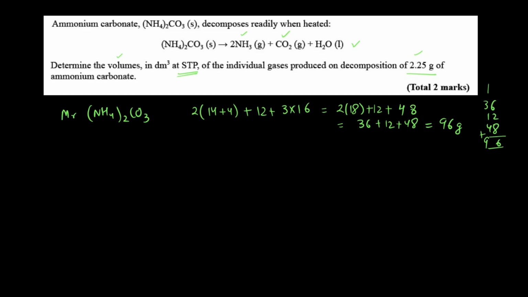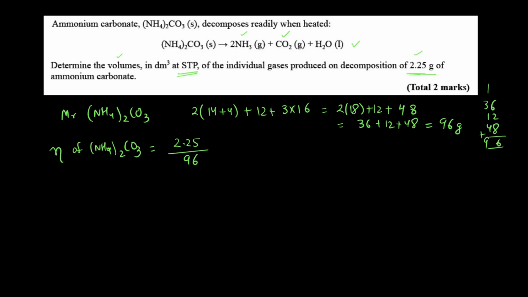Okay, so how many moles of ammonium carbonate are there in 2.25 grams of ammonium carbonate? So the moles of ammonium carbonate in 2.25 grams will be mass over molar mass. So this is the moles.